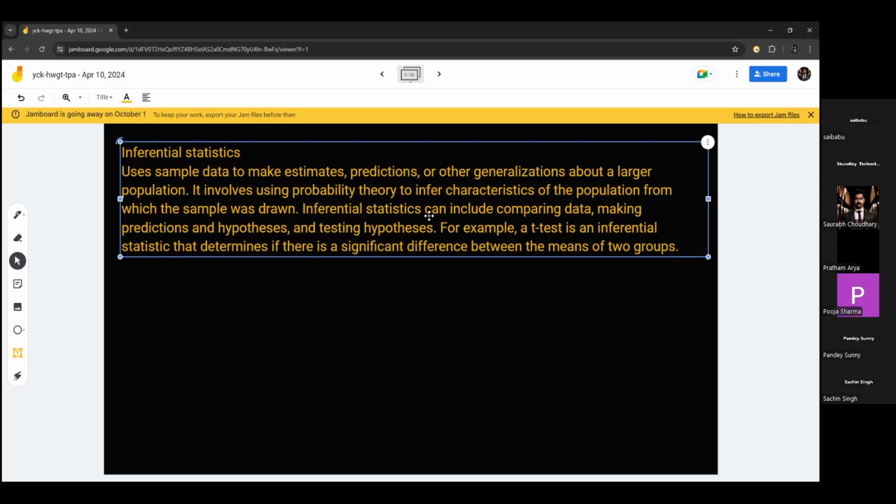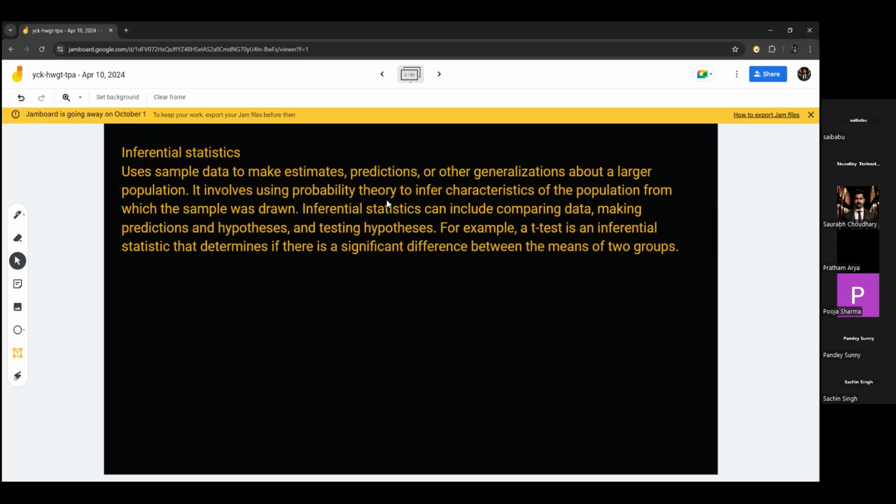Inferential stats can include comparing data, making predictions and hypotheses, and testing hypotheses. For example, a t-test is an inferential stat that determines if there is a significant difference between the means of two groups. We'll talk about t-test, z-test later on.